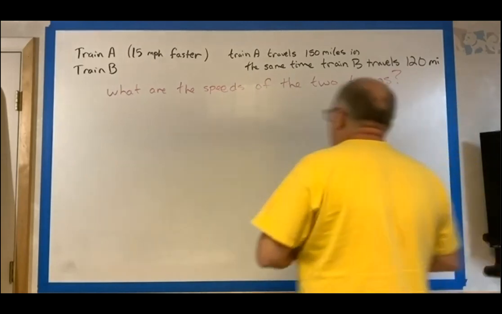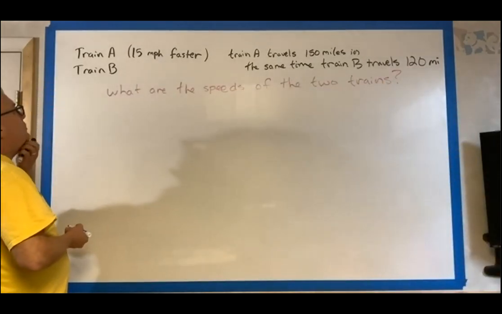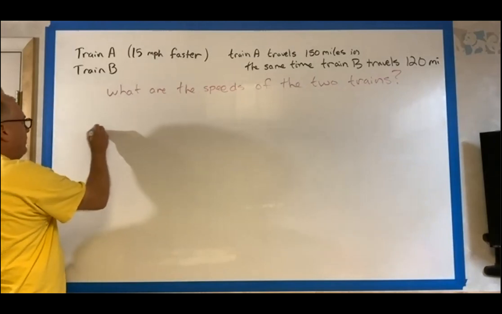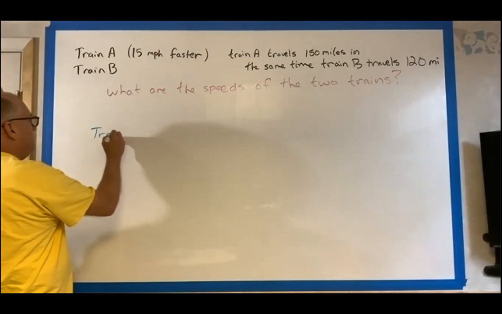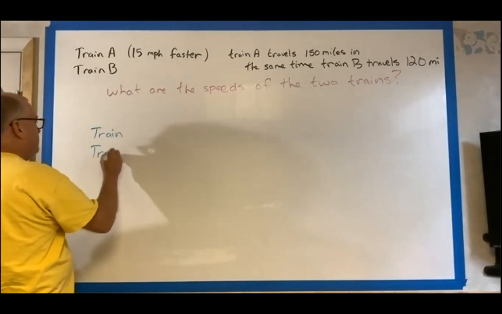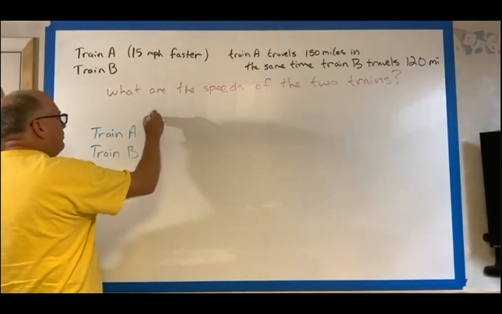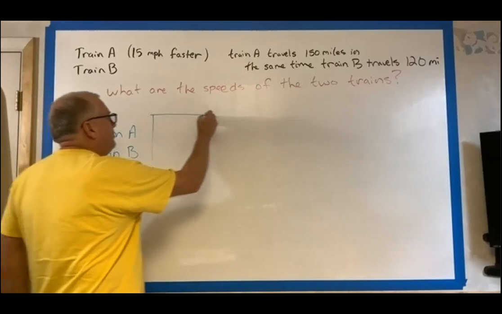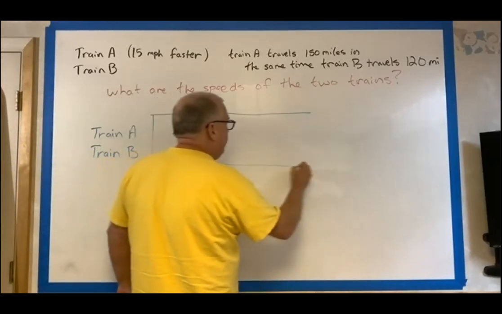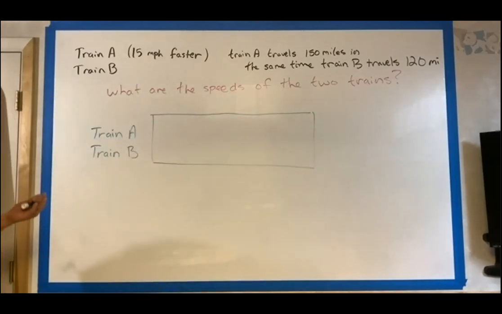Let's check this out. I'm just playing with the colors. Let's try, and the book suggests this, to make a table. And whenever you have a problem where boat, plane, train, stuff like that is going on, think about the key facts.